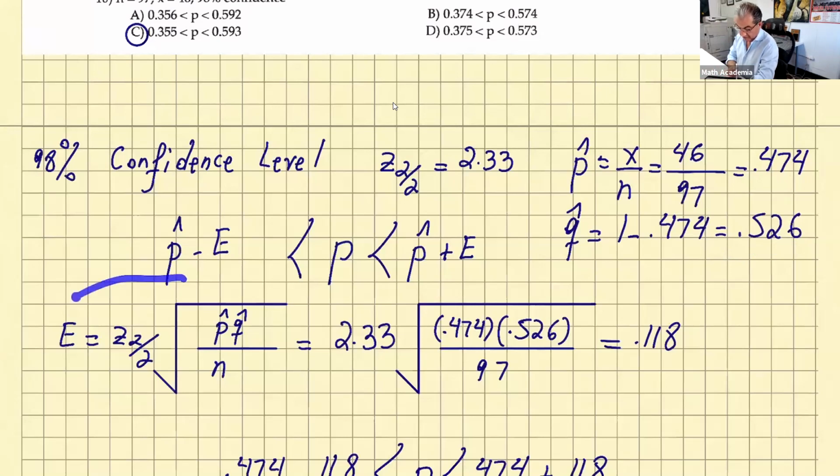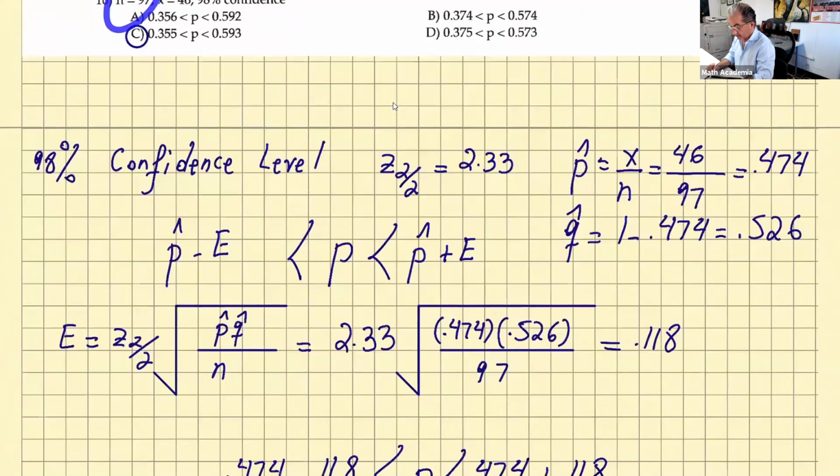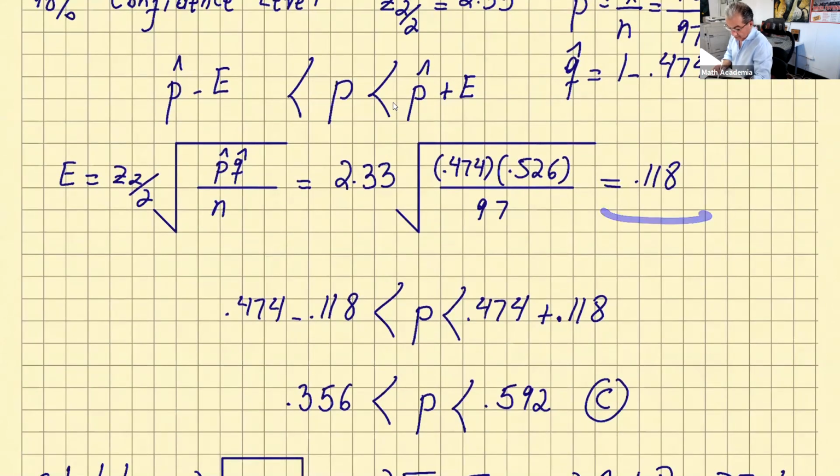So find the margin of error first if you want to use the formula. So it's z sub alpha over 2 times square root of p hat q hat over n, 2.33 times the square root of 0.474 times 0.526 divided by 97 because n is 97, and you get 0.118.